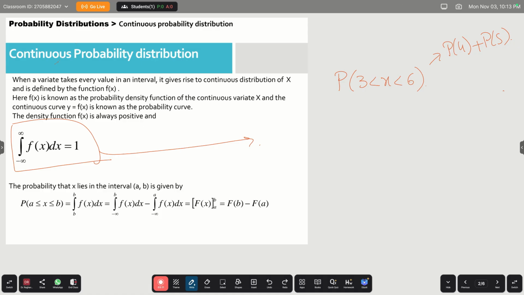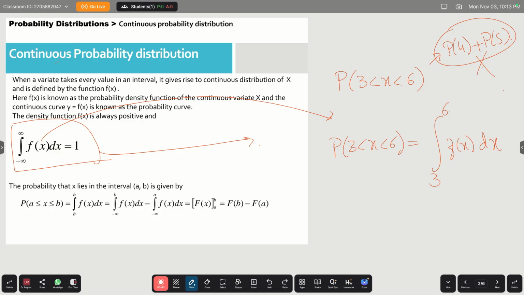But in case of continuous probability distribution, we will not add these, because there are infinitely many numbers between 3 and 6. It's not just 4 and 5. So to find the probability of 3 less than x less than 6, we integrate the probability density function. We integrate f of x dx, and since we want the probability between 3 and 6, we apply the limits 3 and 6.